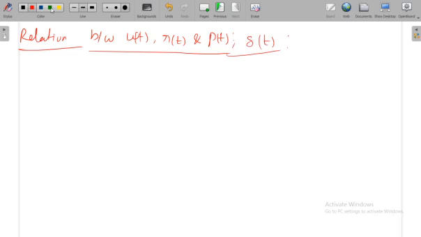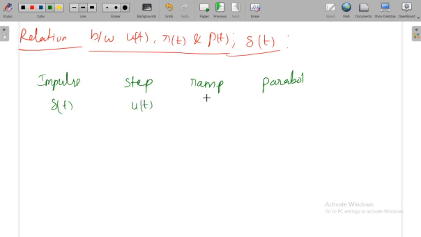Now, for example, what are the signals you are having? See, the very basic signal is the impulse. You are having impulse and you are having step. You are having ramp. You are having parabola. Then what is the relationship among all these signals? Impulse means del t, and this is u of t, this is r of t, this is p of t.